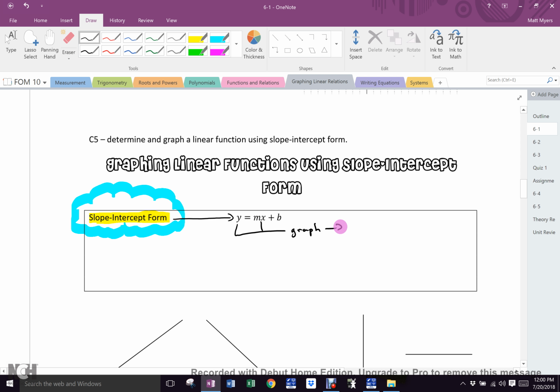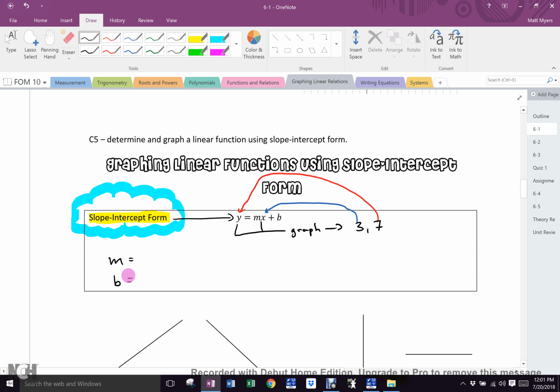So if I told you that this point, 3, 7, where would you put the 3 and the 7 in here? The 3 would go where? For the X, and the 7 would go for the Y.